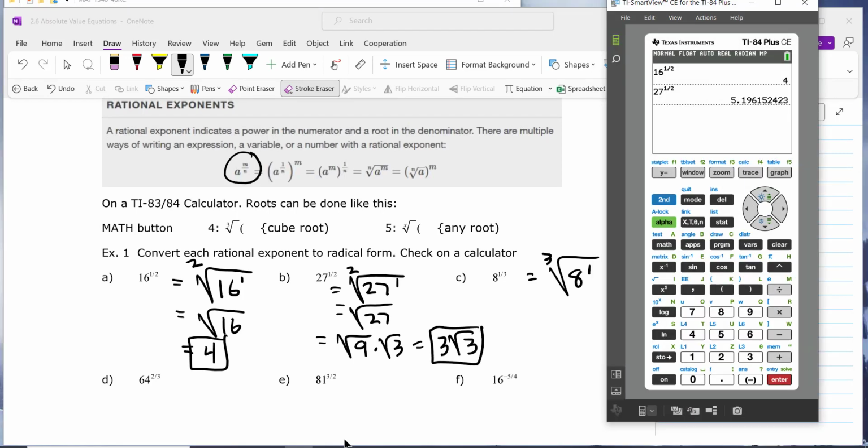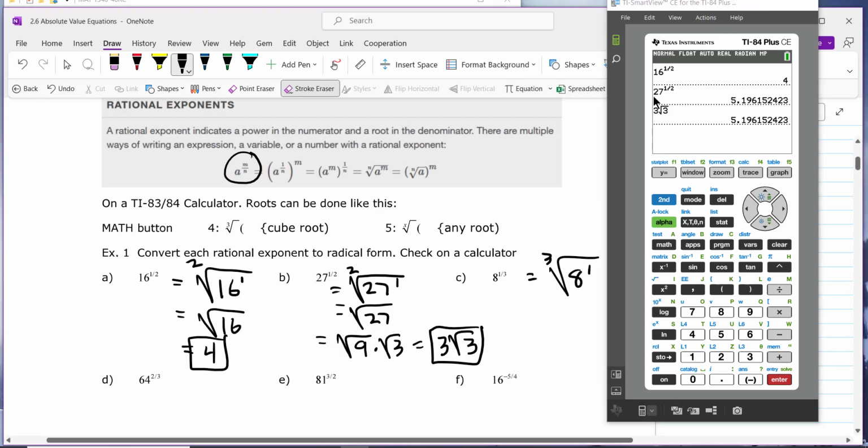So what you notice, like on a calculator, 27 to the 1/2 power is really 5.196 with a bunch of decimals. Notice if I go 3 times the square root of 3, I'm going to get exactly the same thing. You can tell you're right by just throwing that in the calculator. But I'm looking for the simplified radical answer, okay?